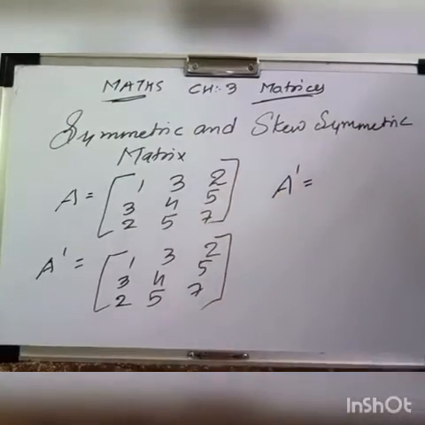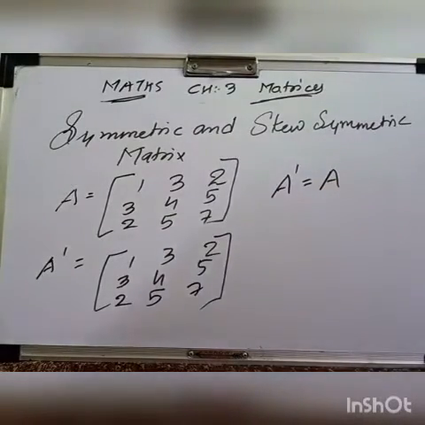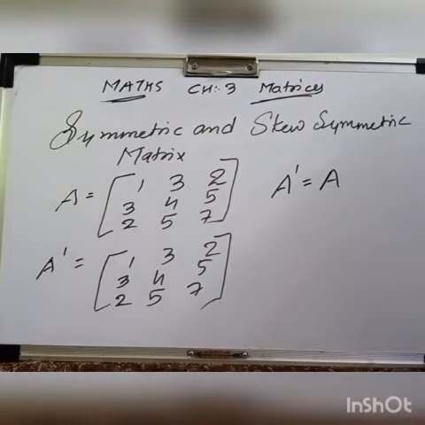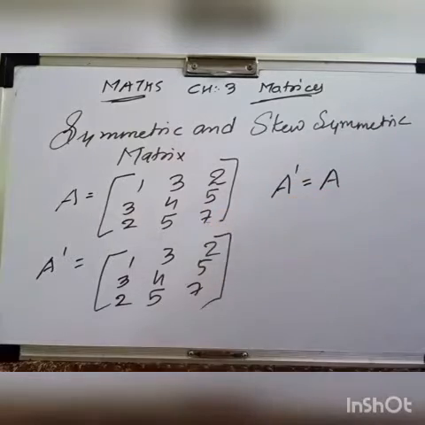So the definition of symmetric matrix is A transpose is equal to A. So after taking the transpose, if I get back the same original matrix, then the given matrix is a symmetric matrix. Here A is your symmetric matrix.